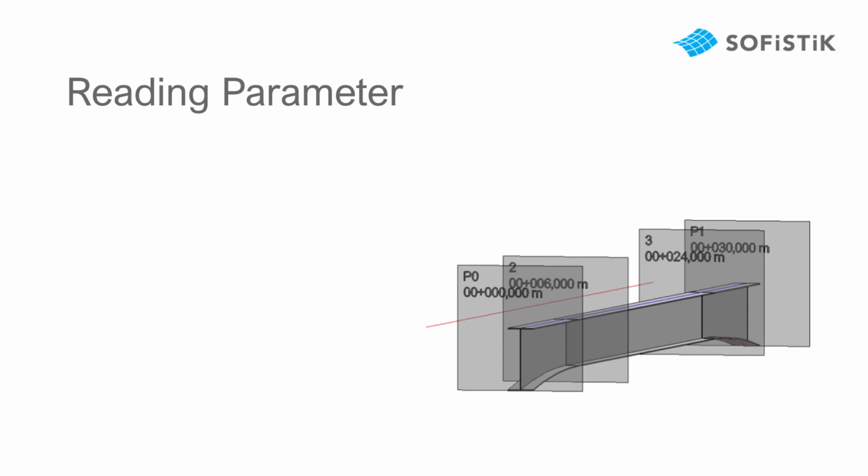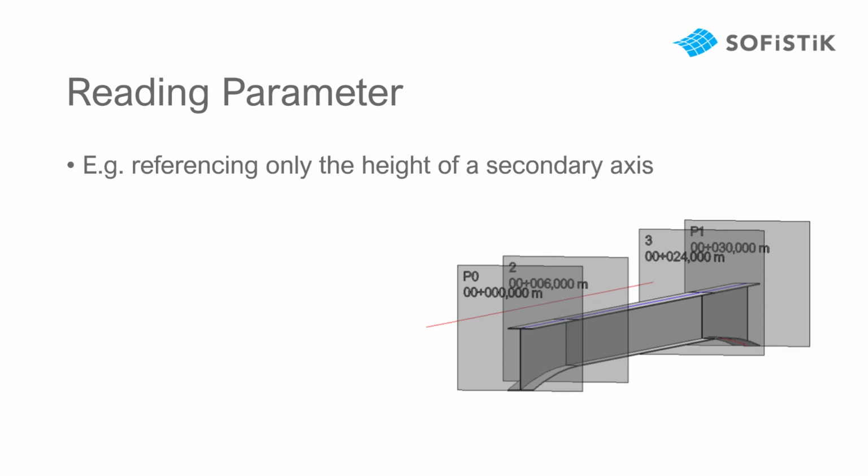Additionally, you can use this functionality for multiple things. For example, with a reading parameter, you can reference only the height of a secondary axis. You can see here that I created, additionally to the already existing geometry, which is referenced with the main axis and the secondary axis for its height, another horizontally offset axis.